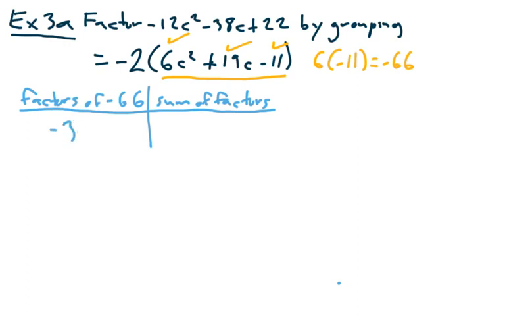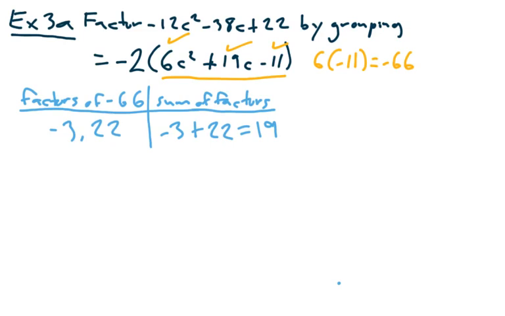Be more methodical if you need to, but if you can just visually eliminate an option, that is absolutely fine. So then you might say, well, what about negative 3? Does negative 3 divide into negative 66? Sure, it's 22. And guess what? Wow, that's it. Negative 3 plus 22 is 19.